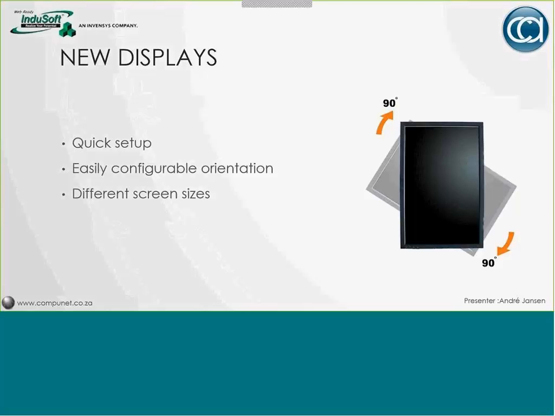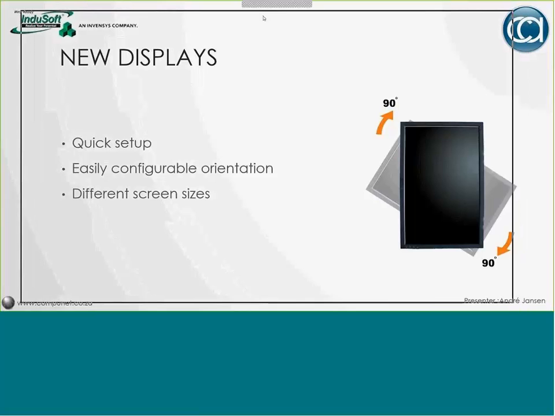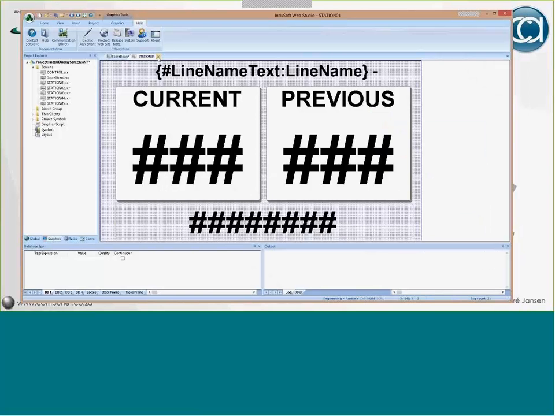Adding new displays into this system is very easy. We developed the screen on InduSoft for the correct orientation. As Scott showed earlier on, you can set the pixel size of your screen, and by using symbols that we set up in the project, it is really easy to get a new screen going. I'm just going to pull the InduSoft project into view again.